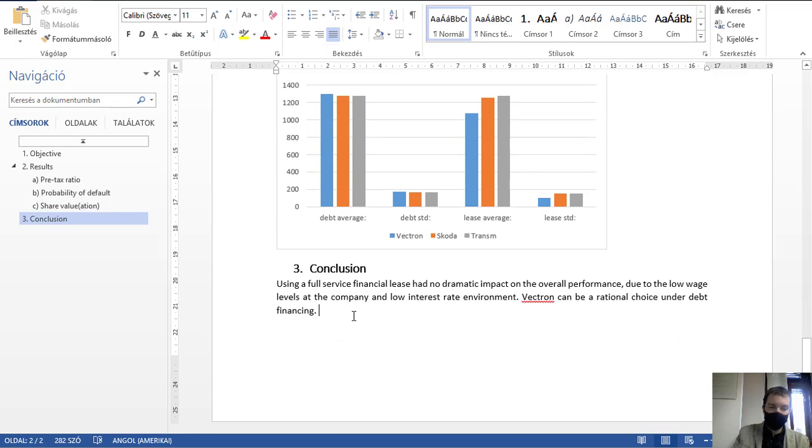In lease, Skoda can provide more gains under a full service lease contract.